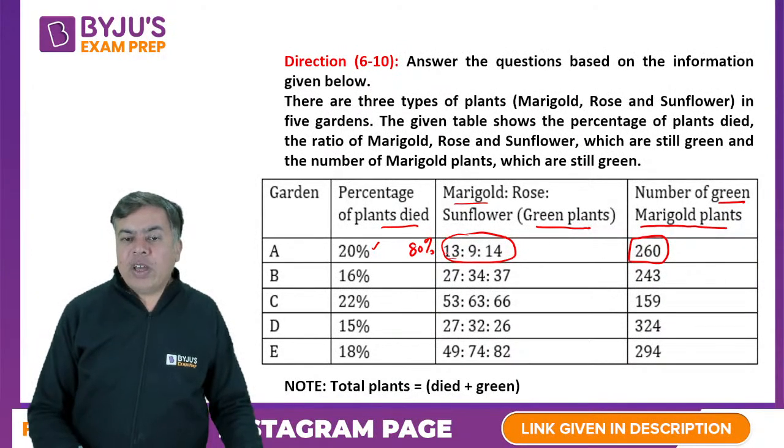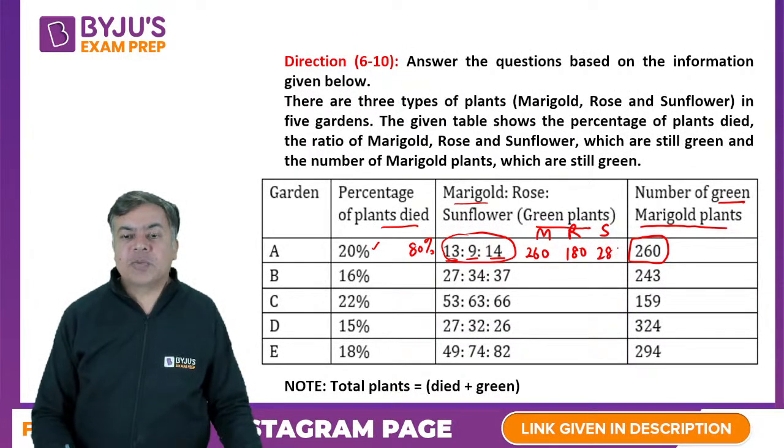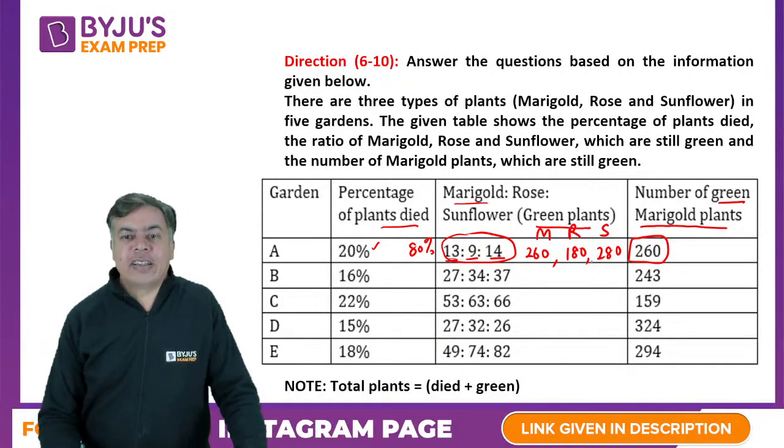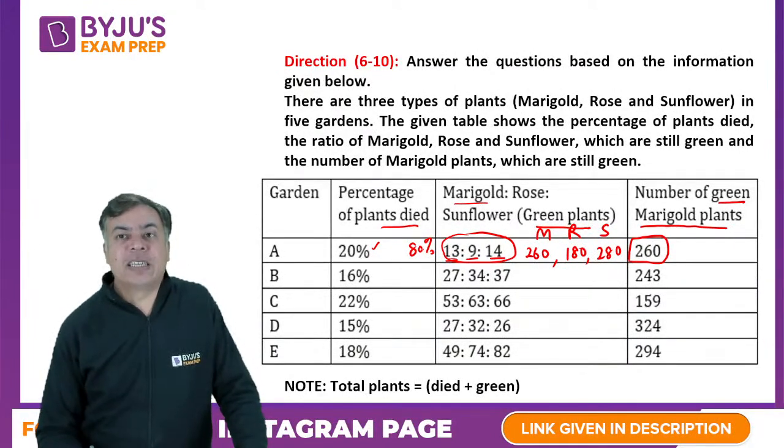If marigold is 260, that is 13 into 20, then rose will be 9 into 20, which is 180, and sunflower 14 into 20, that will be 280. And these all together are 80%.